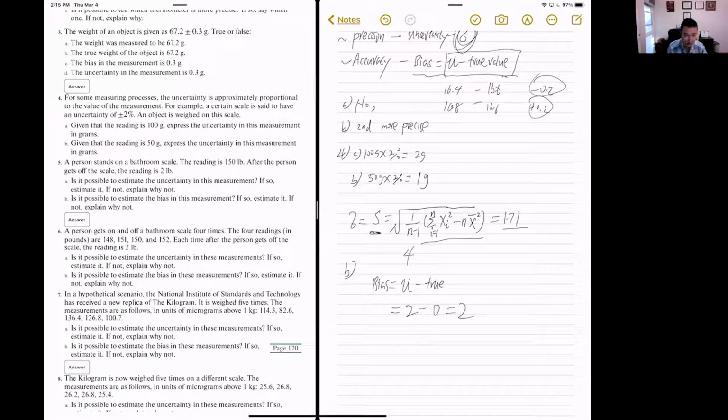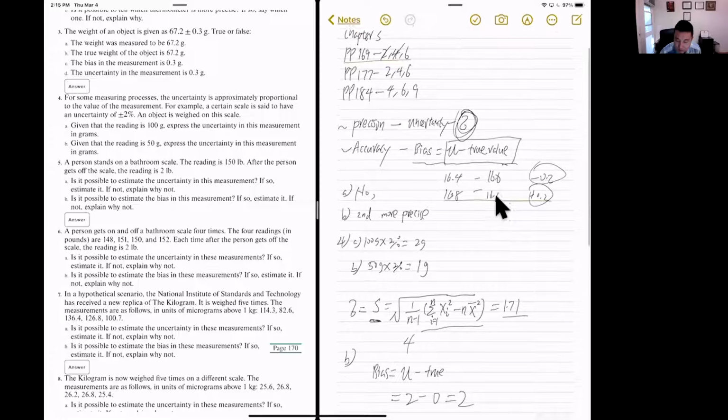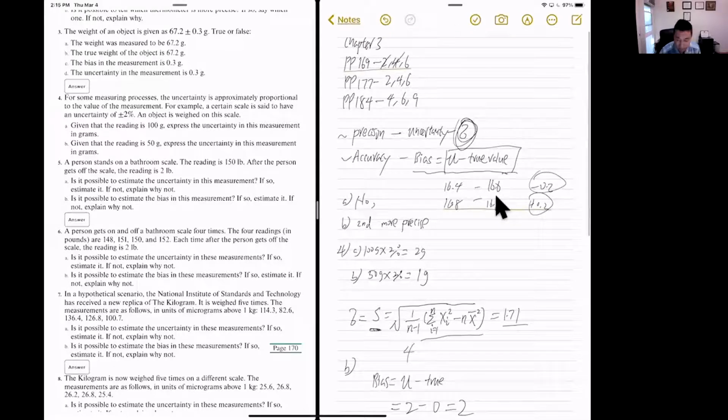So what he needs to do is recalibrate the scale, so when he gets off the scale, it shows 0 pounds. Then after recalibration, we see the scale is unbiased. So that is question number 6.